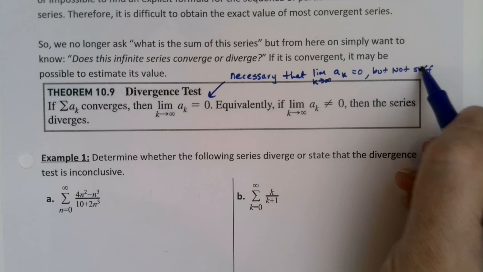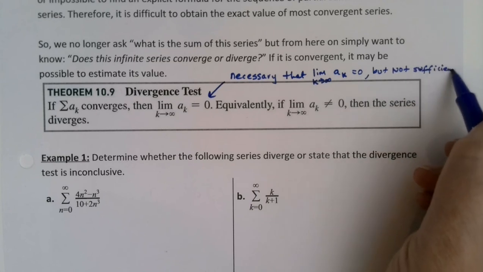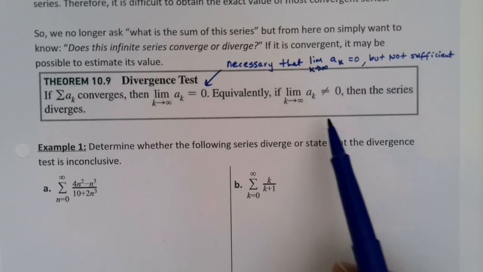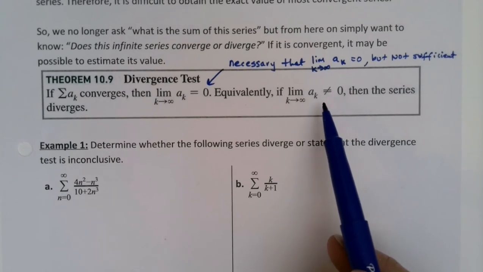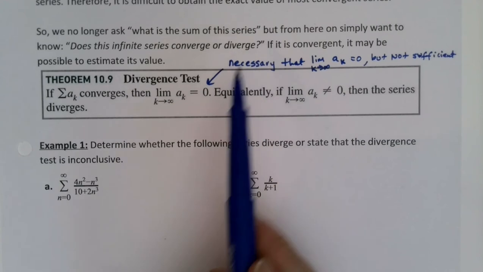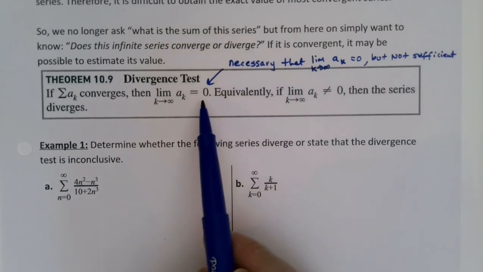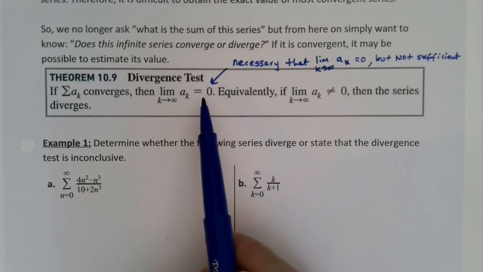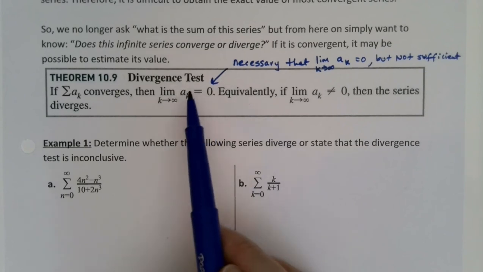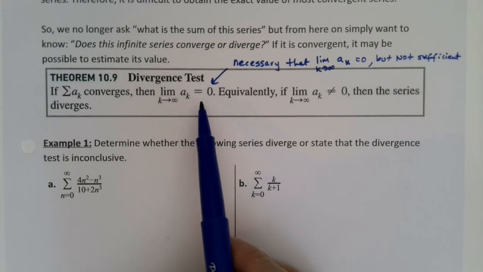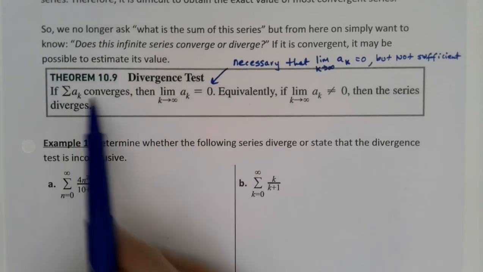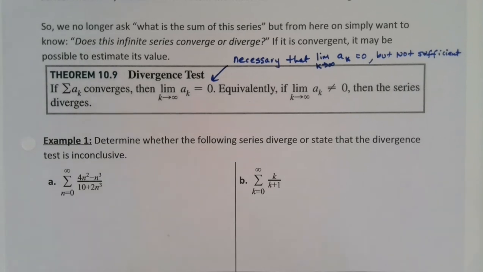This is how we're going to test for divergence. The divergence test basically says, figure out if it's not going to 0, because if it's not going to 0, then you're done and the series diverges. If it is going to 0, that's what the rest of the sections in this chapter are going to be about, because that's not going to be enough. That'll just be the starter of what you need. The question then is, is it going to 0 fast enough, quickly enough, that it will converge to a number or not? More on that later.